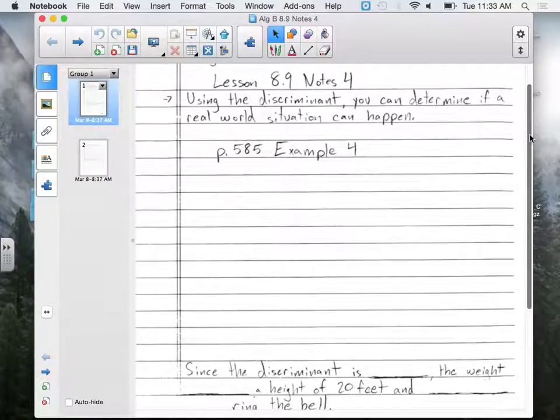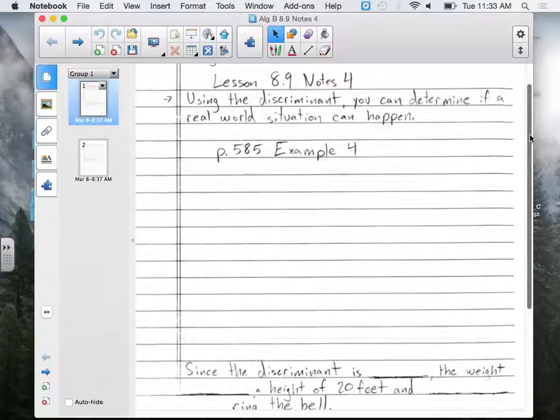A weight 1 foot above the ground and the spring is shot up with an initial velocity of 35 feet per second. Will the bell ring at the top of the pole?